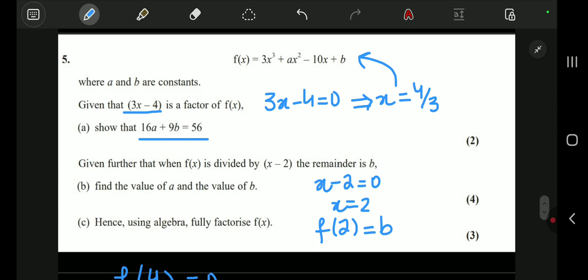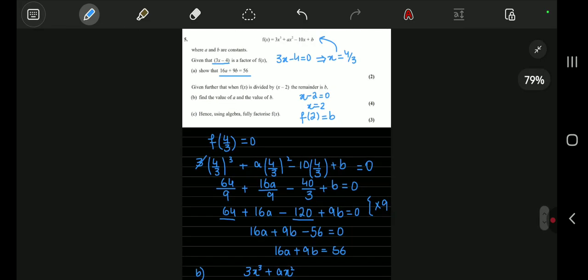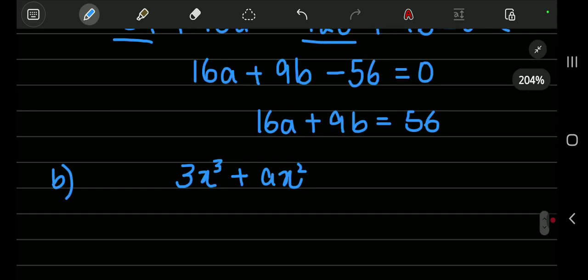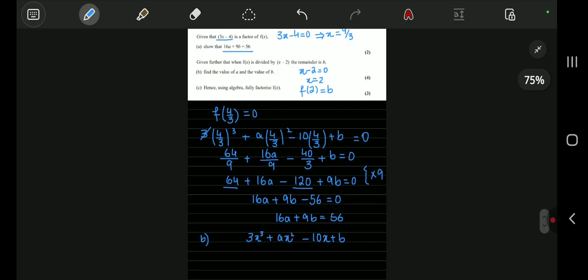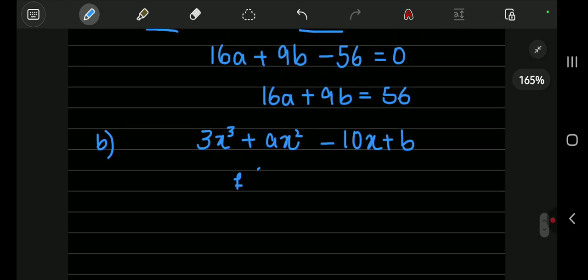Your equation is 3x cube plus ax square minus 10x plus b. If you substitute in 2 in it, you should be getting b.